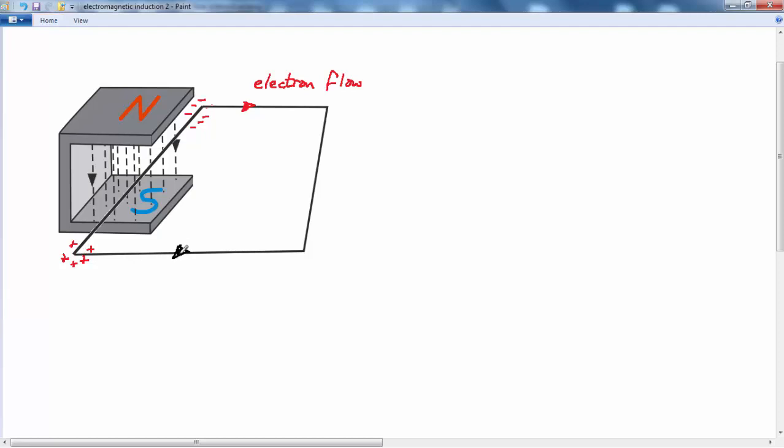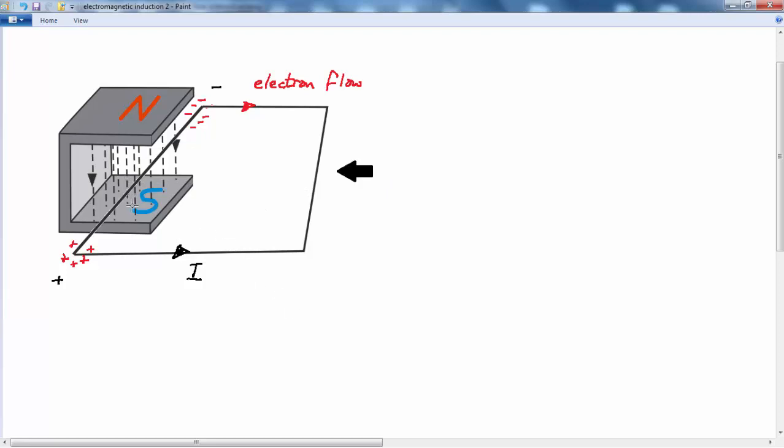That becomes the directional current flow, so we'll write that there. Pushing this loop into the magnetic field this way will cause a current to flow in an anti-clockwise direction, in this case from positive through to negative. So that's what happens when we push the loop into the field this way.